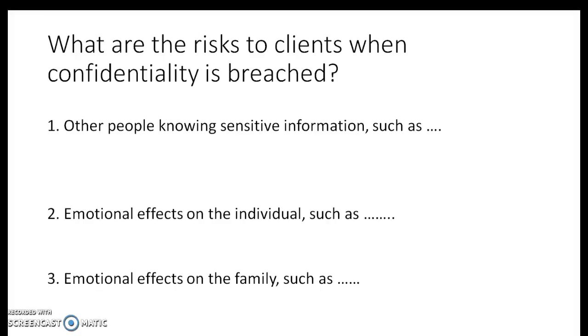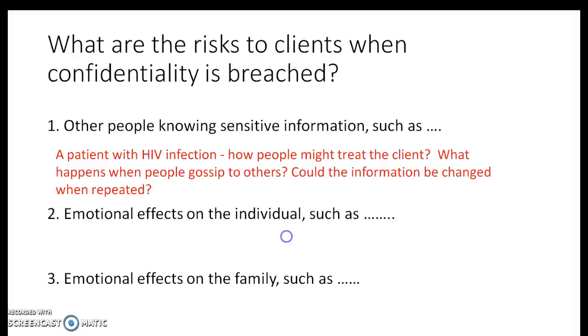It might also be that they might experience perhaps negative attitudes from other people in the community if people know about their mental conditions. So, for example, somebody with mental health conditions or somebody with a HIV infection, for instance. How might people treat this person if other people know that they have HIV infection?